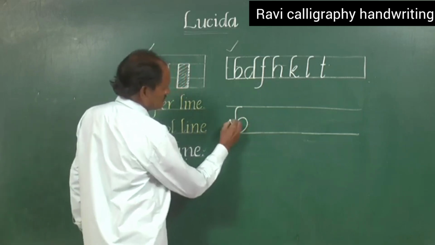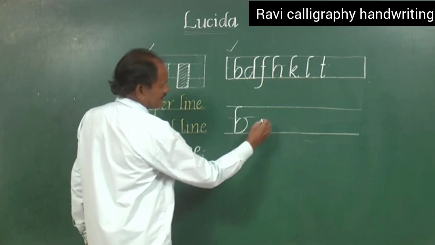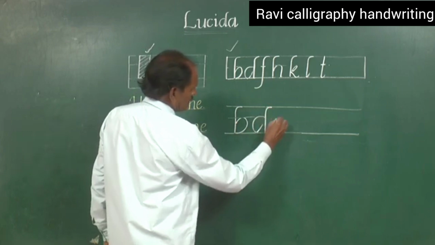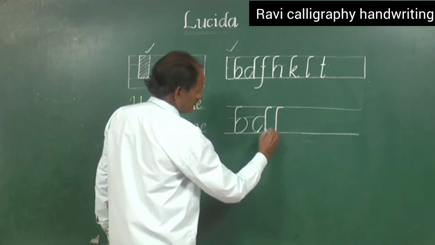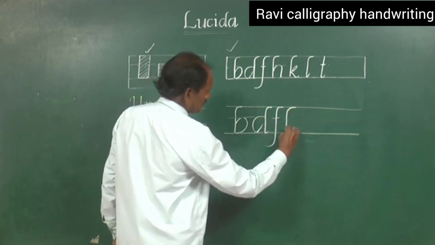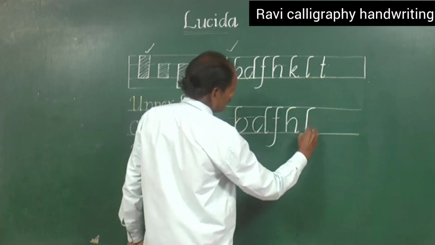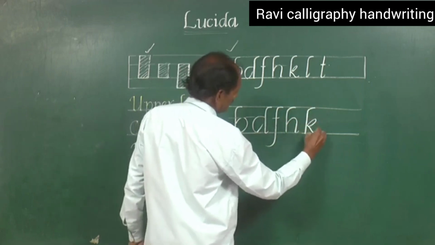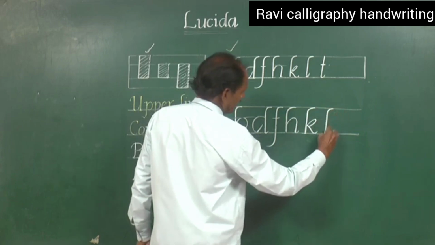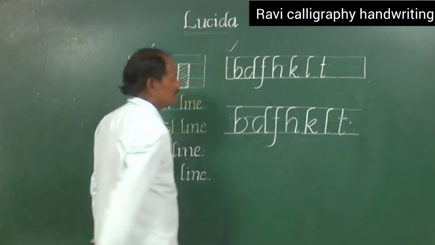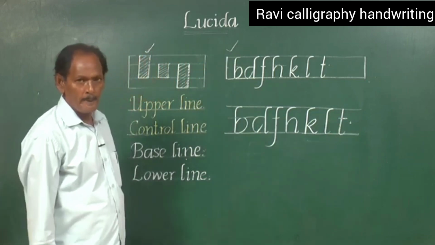Up to the 50% of these 2 lines. D, F, H, K, L and T. Okay?